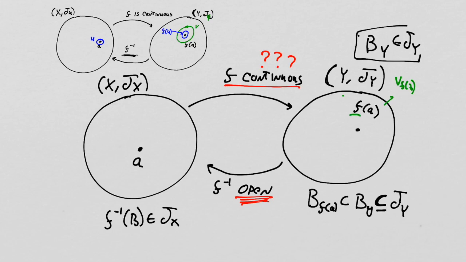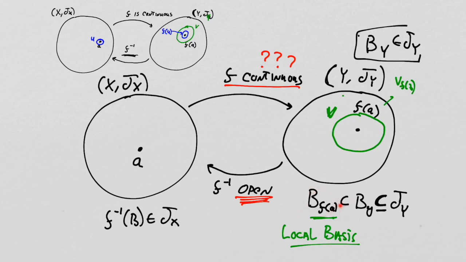Now I take an arbitrary open set around F of A. I'll call that V. Because B of F of A is a local basis, I know by the definition of a local basis that there is an element of that local basis that is a subset of V. A local basis of a point contains the point, and no matter what open set containing the point you choose, there will be an element of the local basis that is a subset of it.